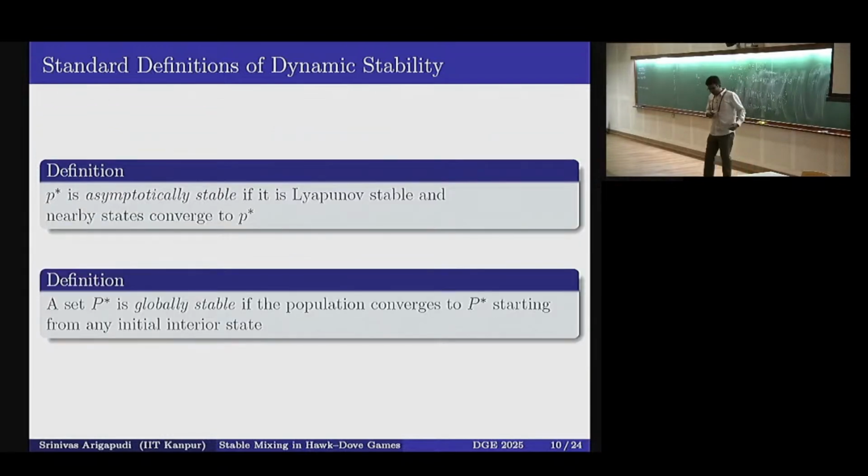And then we say that a state is asymptotically stable if it is Lyapunov stable, and also you need to be able to find a neighborhood such that if you start in that neighborhood, you get to P star. And then we call the set P star globally stable if the population converges to this set starting from any initial interior state.